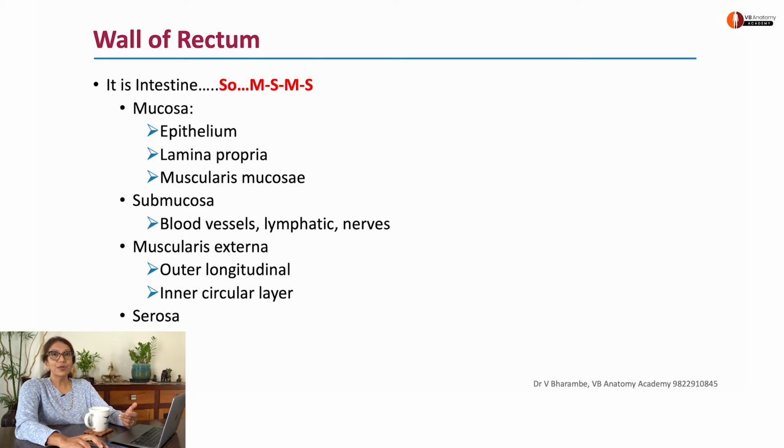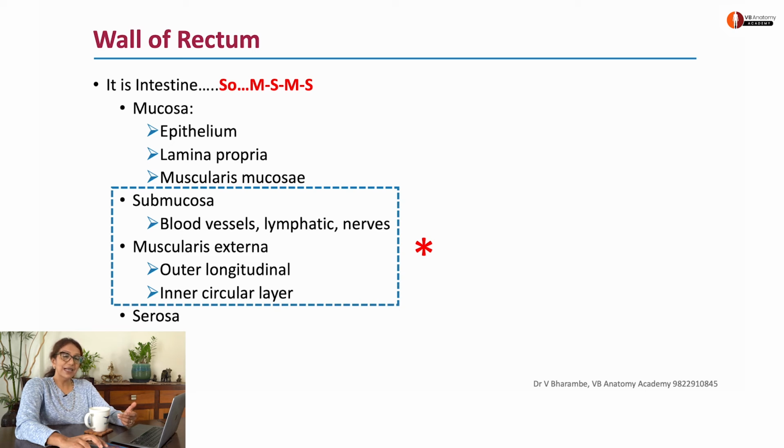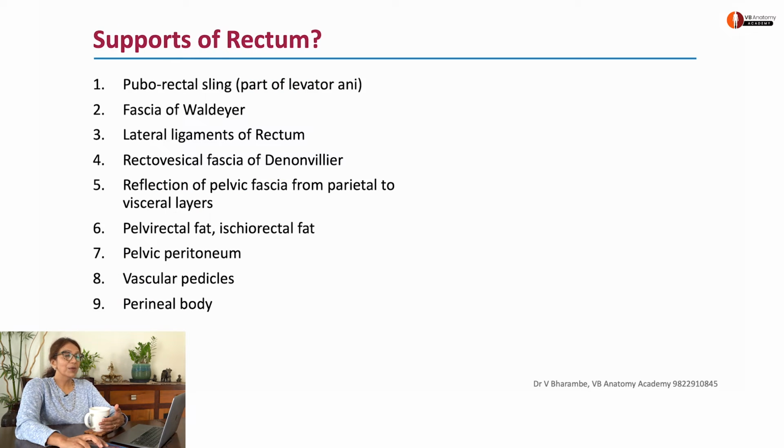So we continue to discuss the wall of rectum. We still have to discuss submucosa and muscularis externa. But before that, let's quickly ask ourselves, a somewhat vertical tube with a few curvatures, how does it stay in place? The rectum has got a lot of supports. One of the most important supports is the puborectal ring.